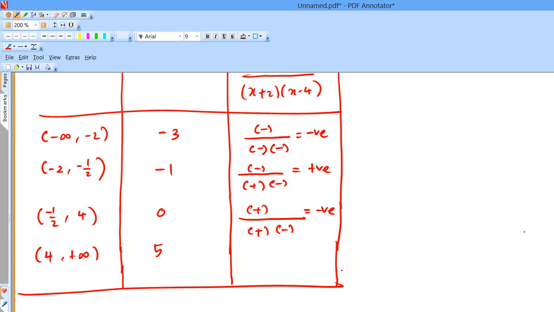The numerator 2x plus 1 gives positive, the denominator positive, and positive over positive gives a positive sign.